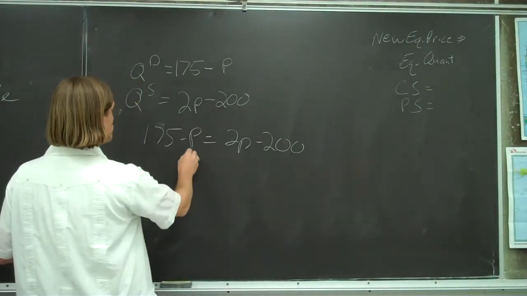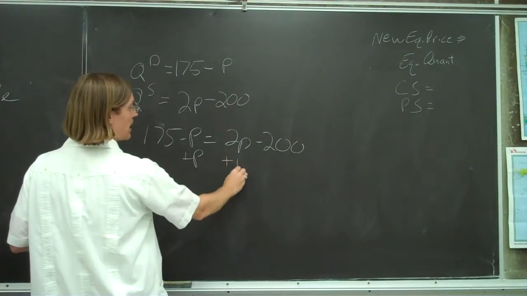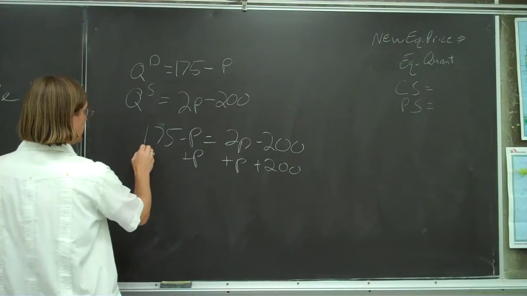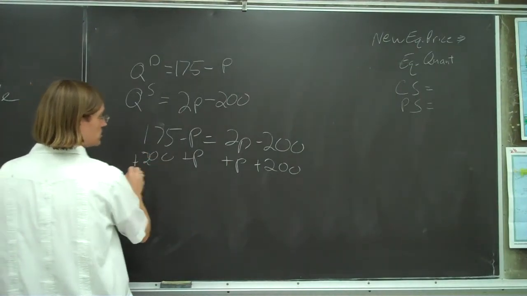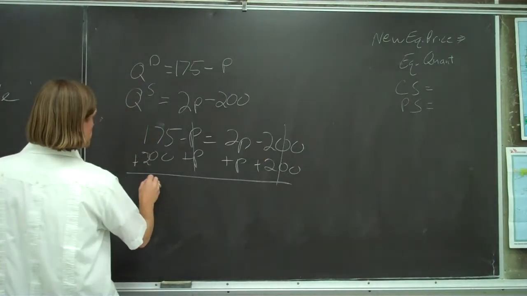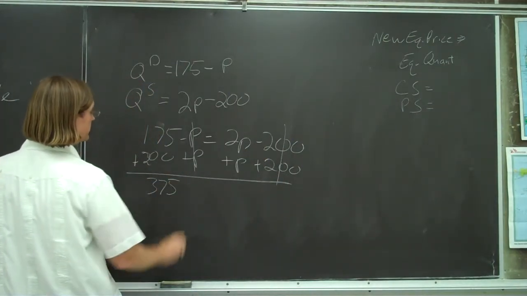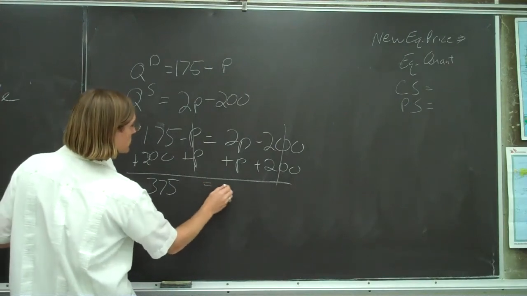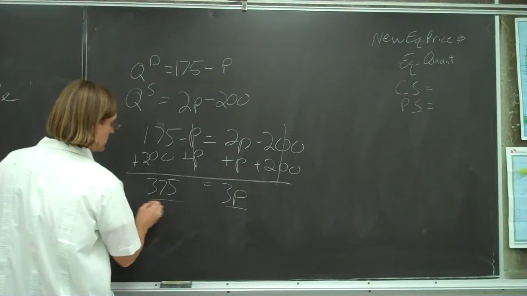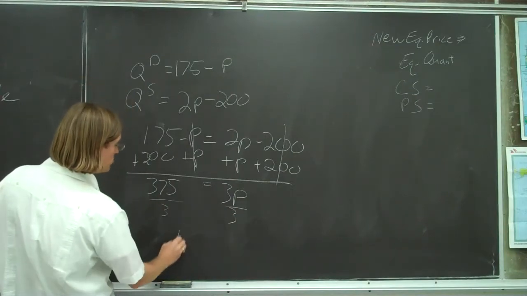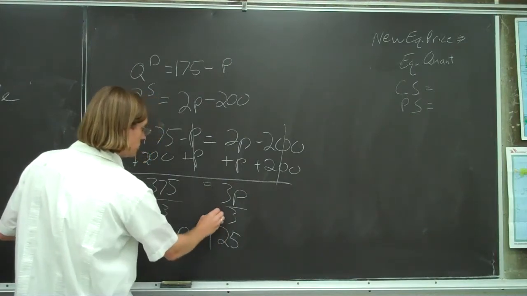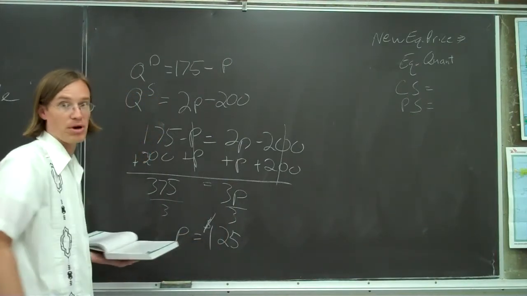If we add P, add 200, and add 200, this will cancel out, this will cancel out. We've got 375 is equal to 3P, and we divide by 3, and P should equal 125. So that's our equilibrium price.